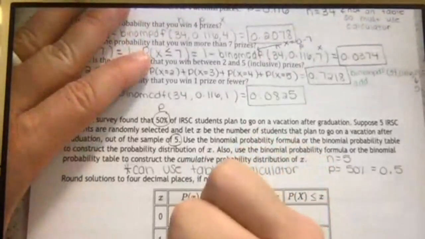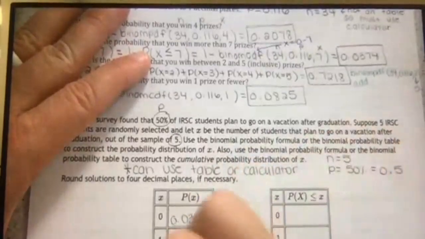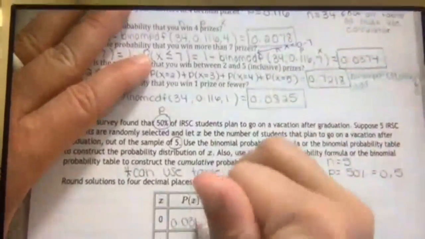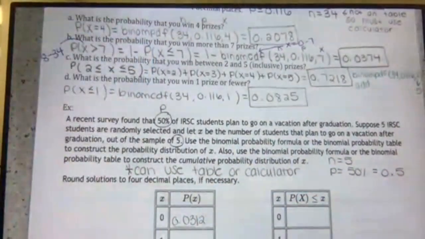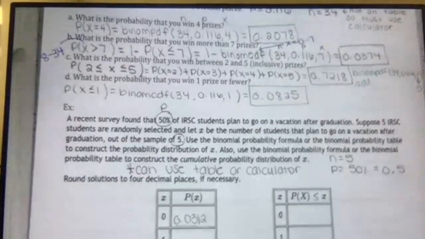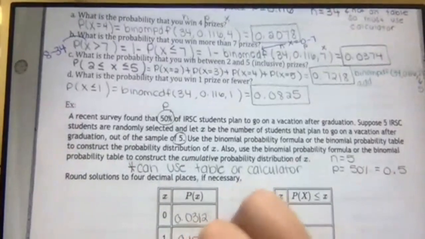All right, when x is 0, we had 0.0312. When x was 1, it was 0.1562.